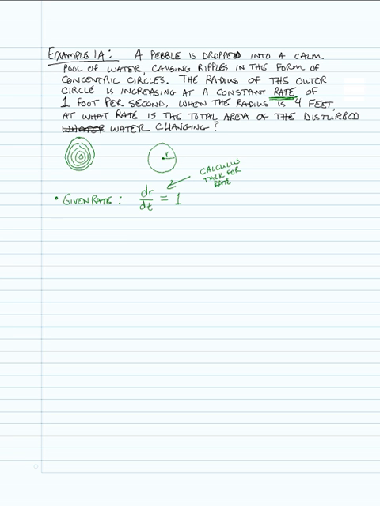Now, the next thing that we need to decide is, what is it we're supposed to find? We're asked to find the rate at which the total area of the disturbed water, of the circle, the outer ripple, is changing.